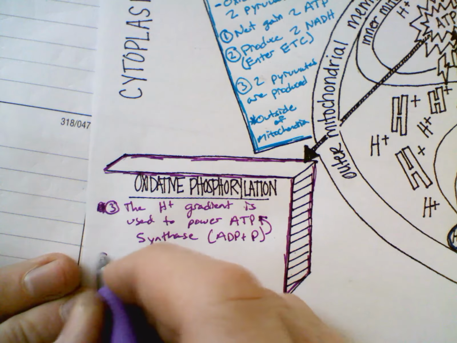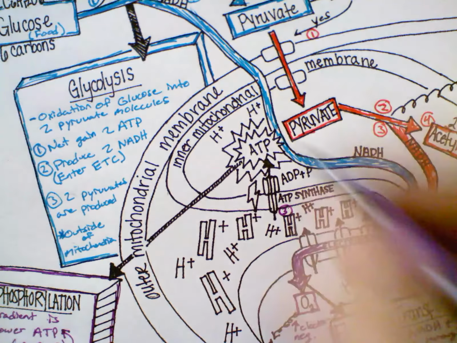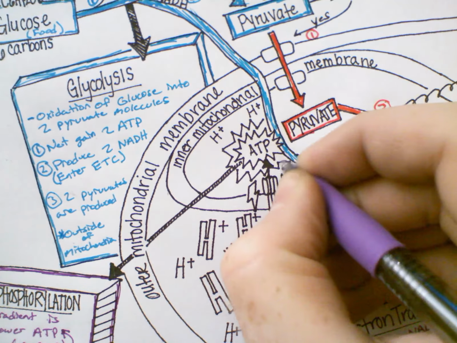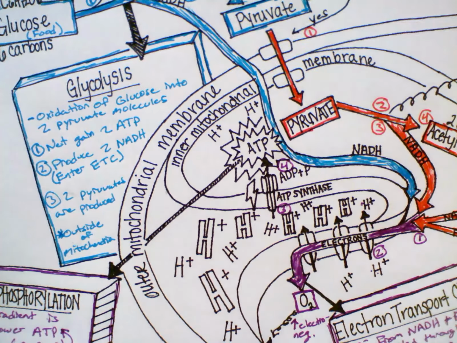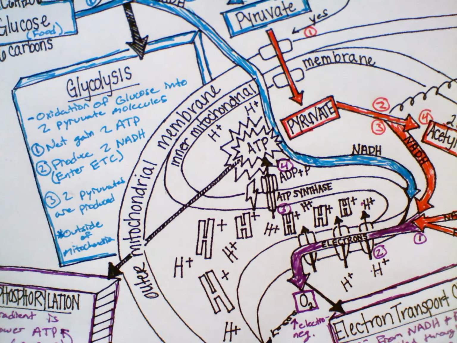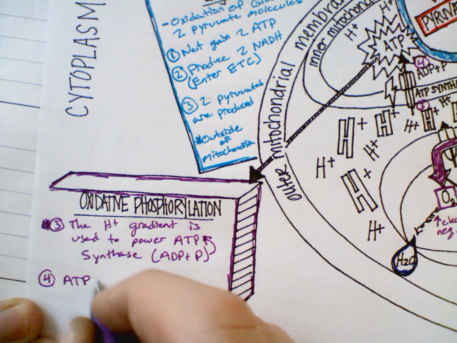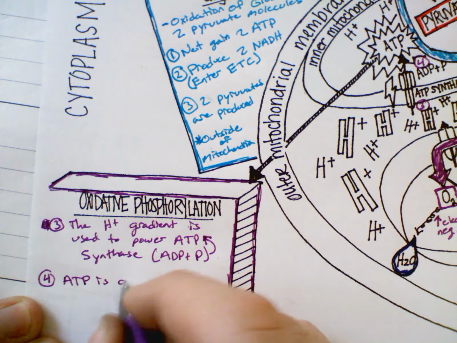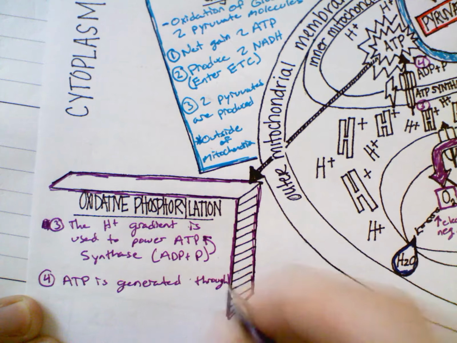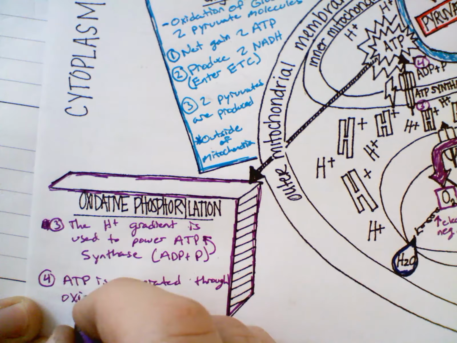So then on number 4, which is now going to occur right here, ATP is generated through oxidative phosphorylation.